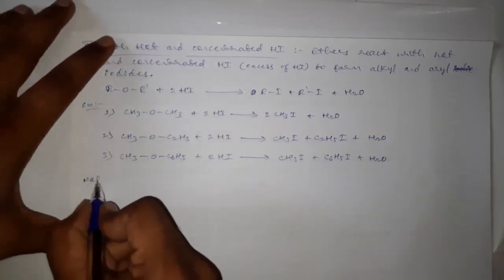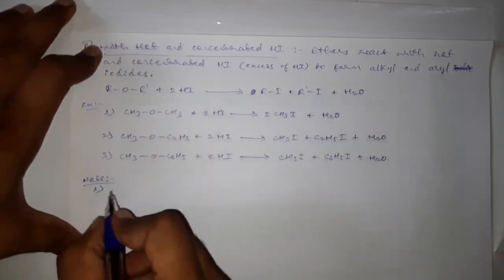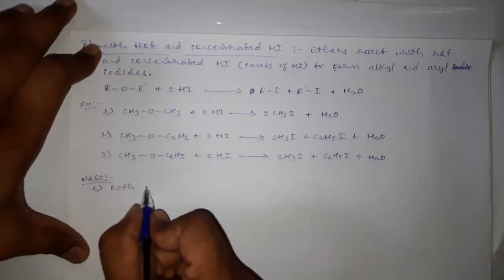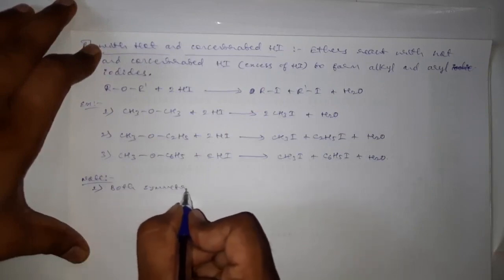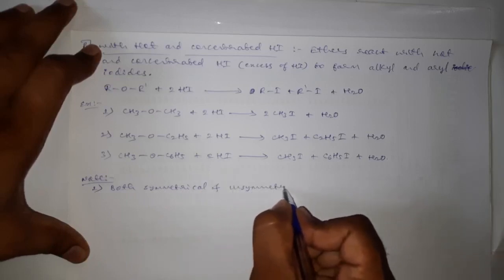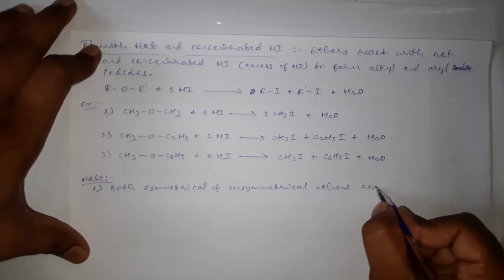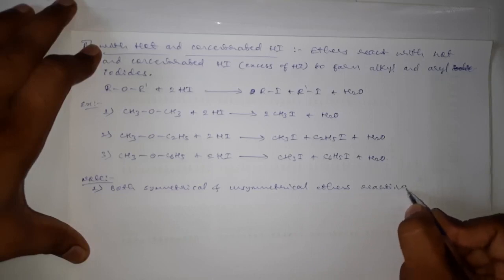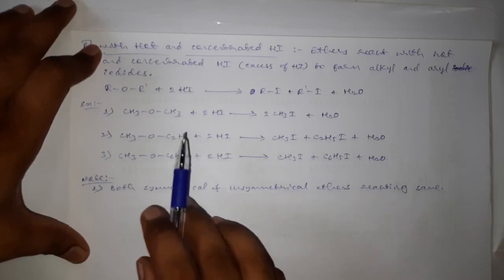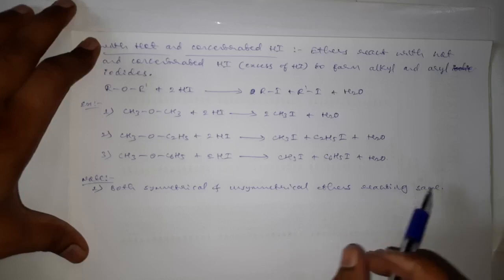See, note number 1 is that with hot and concentrated hydroiodic acid, both symmetrical and unsymmetrical ethers are reacting the same.